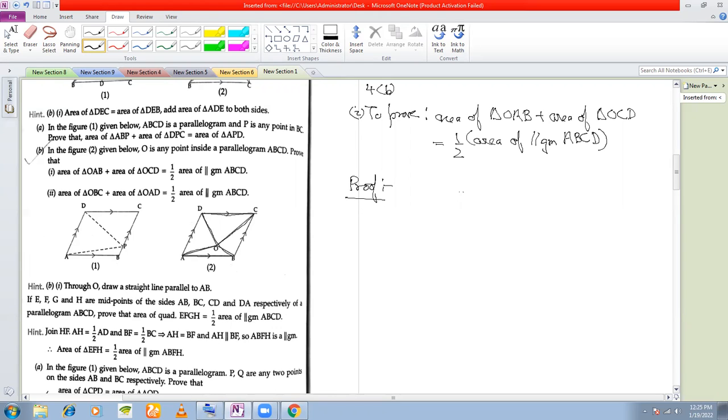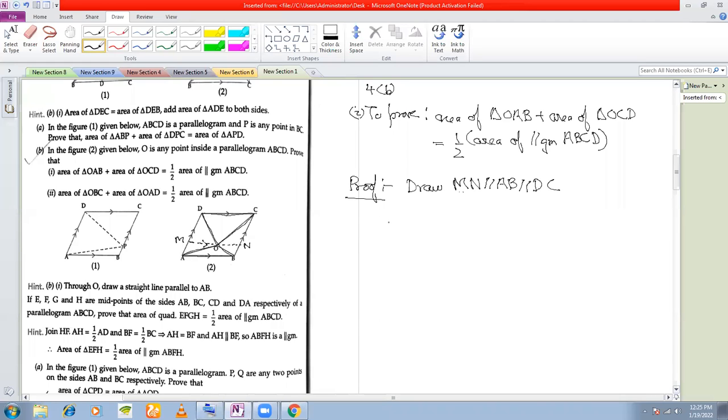What is the construction? You draw a line parallel to AB and BC. Let's call this line MN. So draw MN parallel to AB, parallel to DC, right? So I draw a line that is parallel to AB and DC.